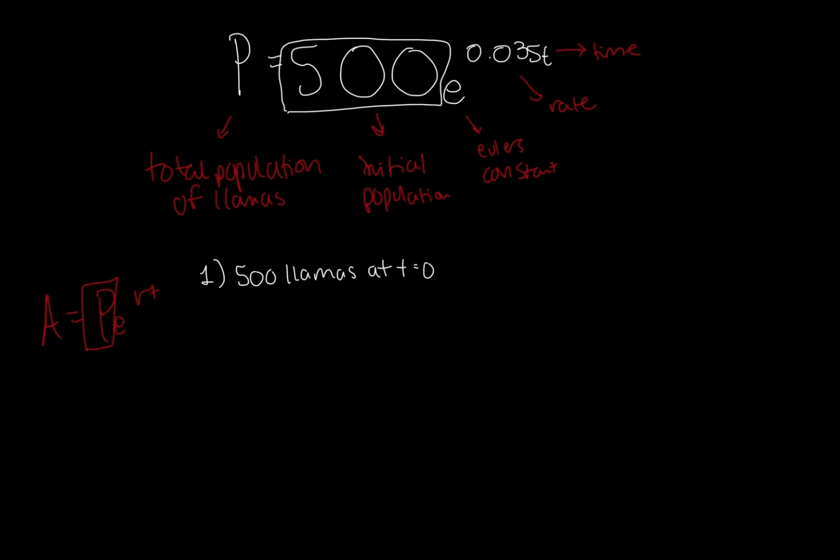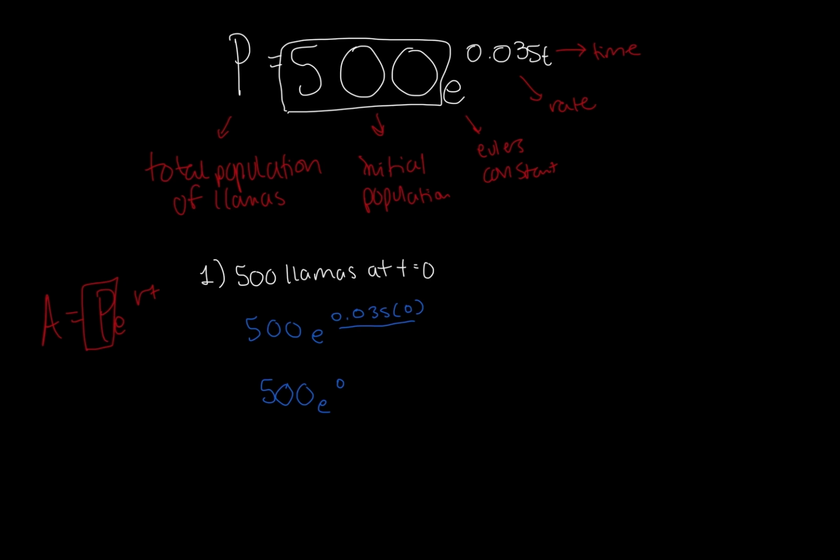However, there is another way you could have solved for this. Let's say you substituted t for 0, so you would have 500e to the 0.035 times 0. When you multiply these, you're going to get 0. So you end up with 500e to the 0.